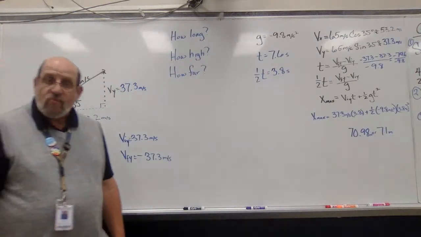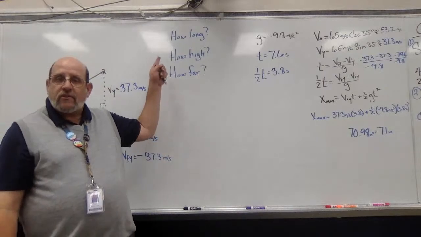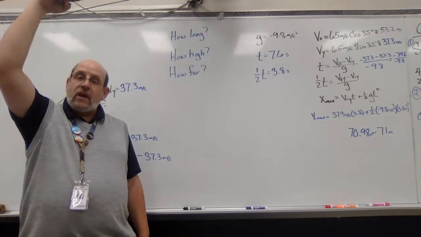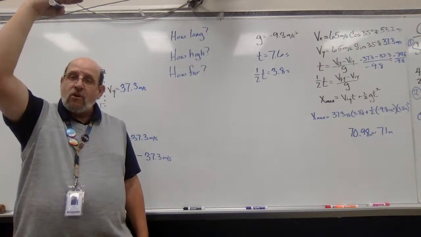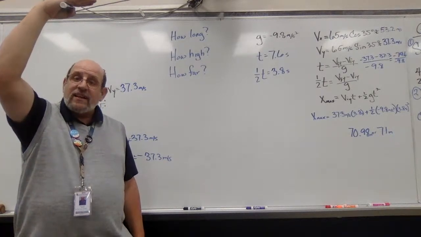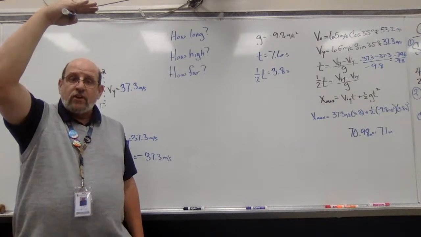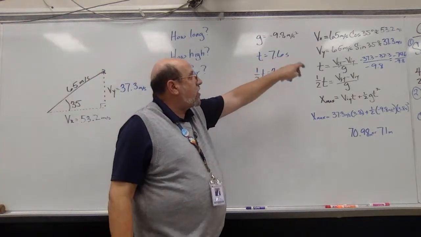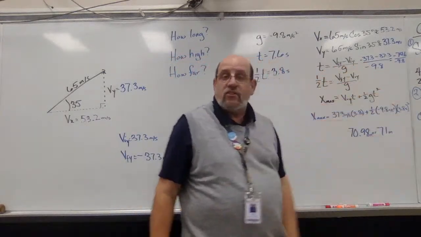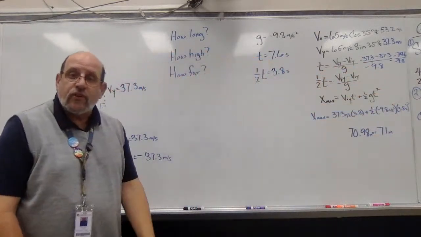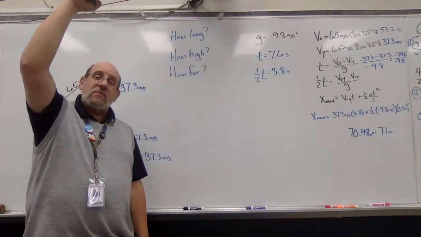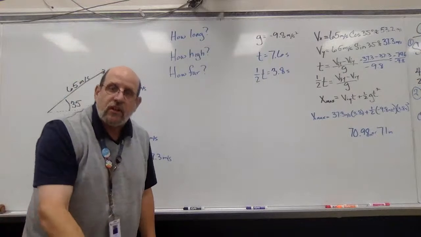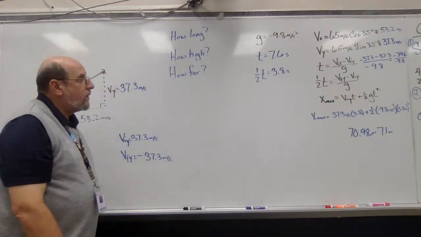Now, later on, I'm going to have to find out how high. Well, how high means how high is it at its peak? At its peak, that's halfway through its flight. So you can either just take half of this or change the vertical velocity to 0, because its vertical velocity when it gets to its max height is 0. It stops and then starts to accelerate downward.